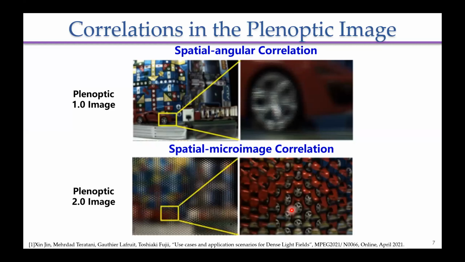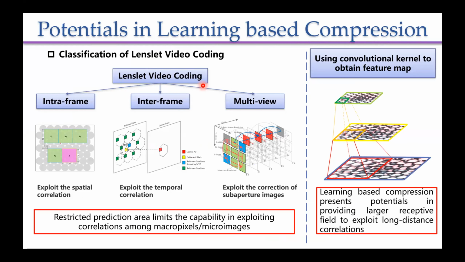Based on this observation, we find that the existing lenslet video coding techniques are based on a hybrid architecture. Generally, they either directly code the Plenoptic image using some intra-coding tool, or render it into multi-view pseudo video and use inter-prediction tools, or just use some multi-view coding tools to encode it.